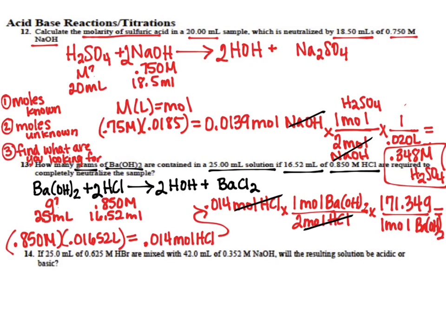So how many grams do we have, to 3 sig figs? 1.20 grams of Ba(OH)2. Did we need the 25 milliliters? Nope. Yes.